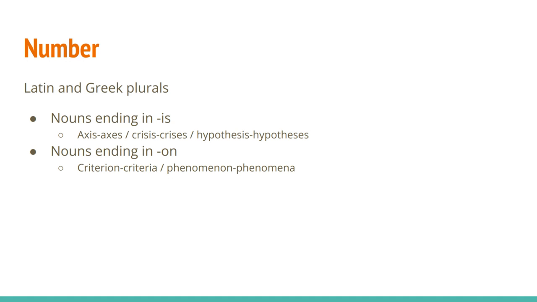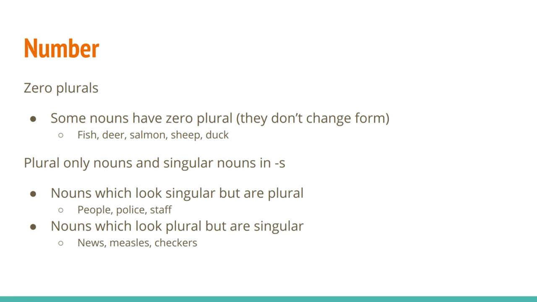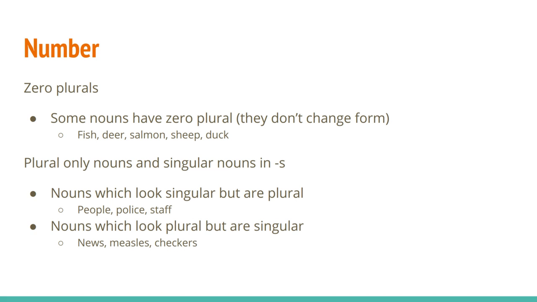All right. Now, further discussion on nouns has to do with gender. Before moving on to gender, I forgot about this one. There are some zero plurals. That means that the form for the singular and the plural is the same. One fish, two fish, deer, salmon, sheep, and duck.